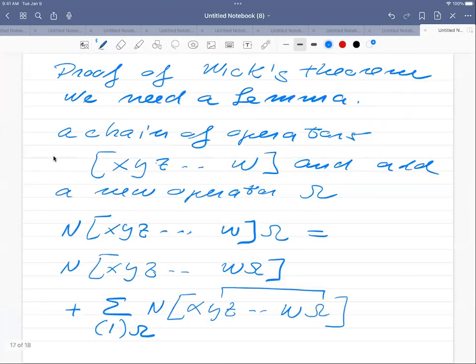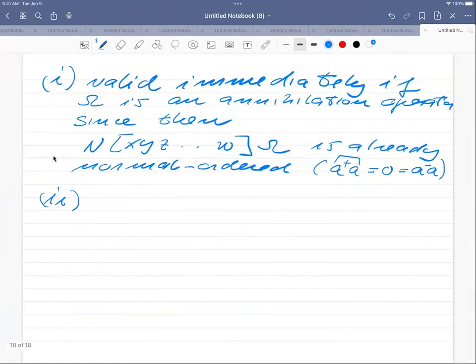So if you go back here, you see now that if I do this, the first term is obviously normal ordered. And then the next term where I do the contractions has also to be 0 because it will involve only operations of this type here. And that gives us, with 1 contraction, 0 anyway. So if it's an annihilation operator, it's pretty straightforward to see that lemma.